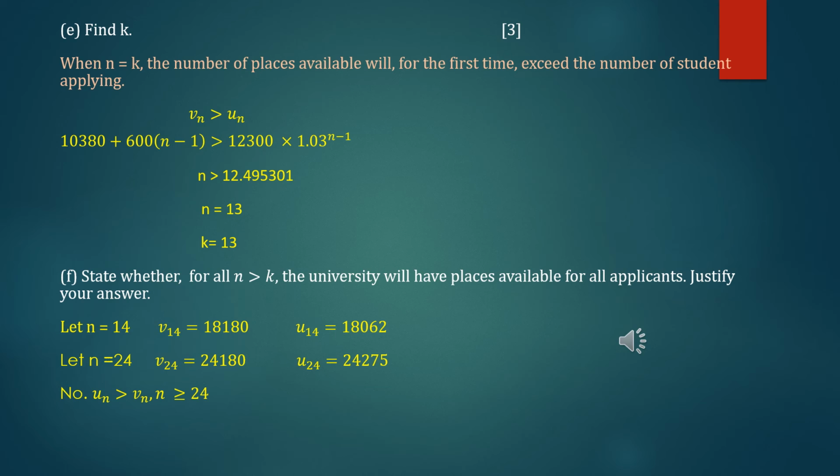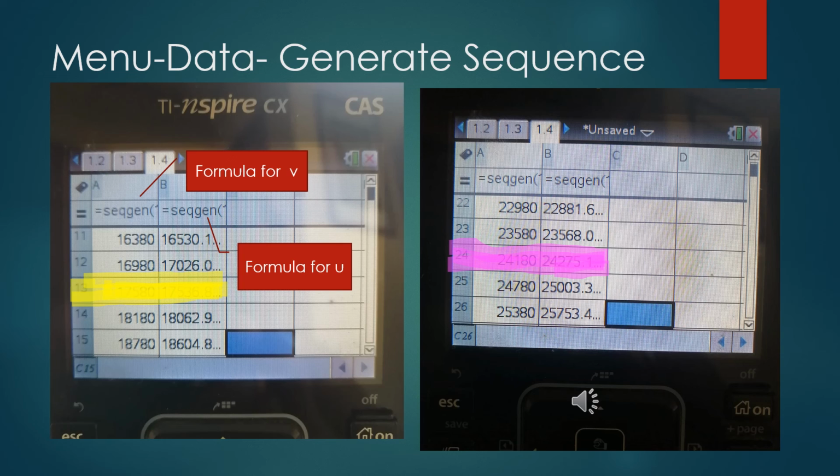However, this kind of solution requires much time. There is a better method using your GDC on how to make these things easier for you. So you can see that on the next slide. So here is how your calculator is making the calculations easy for you.